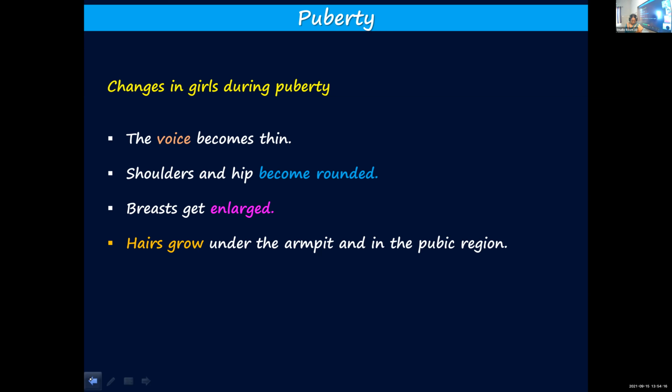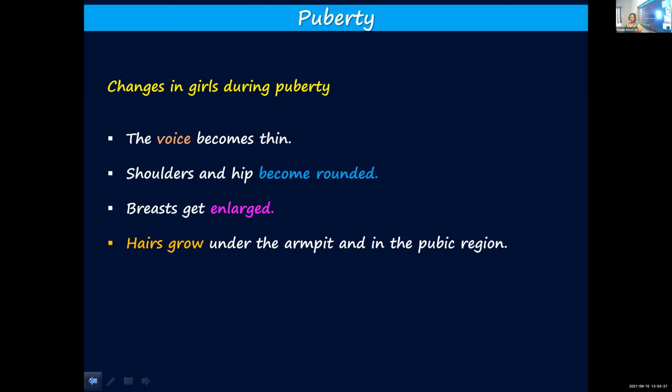So several changes are taking place in our body from the time of our birth till we reach the puberty stage. All those changes we can include under the general process of growth.